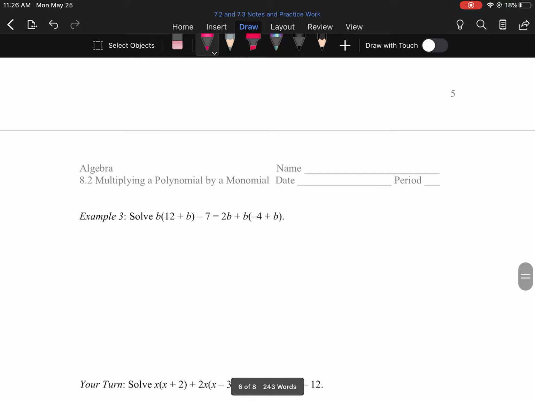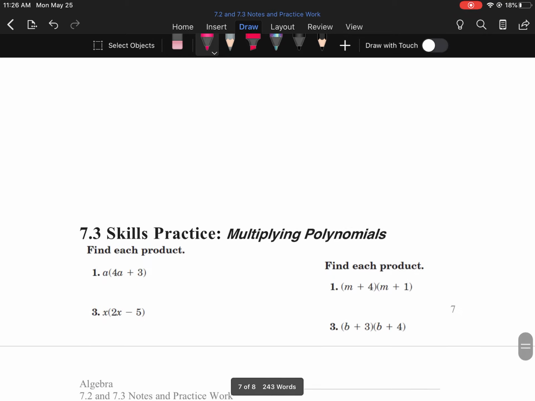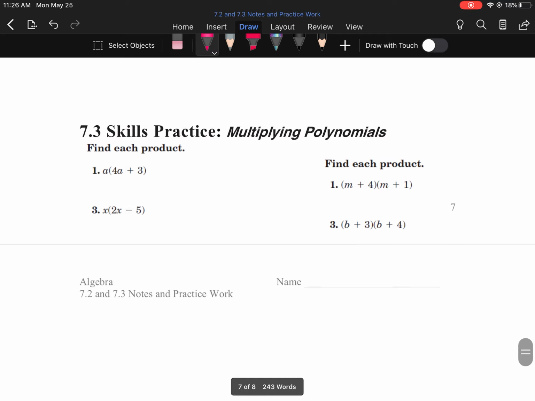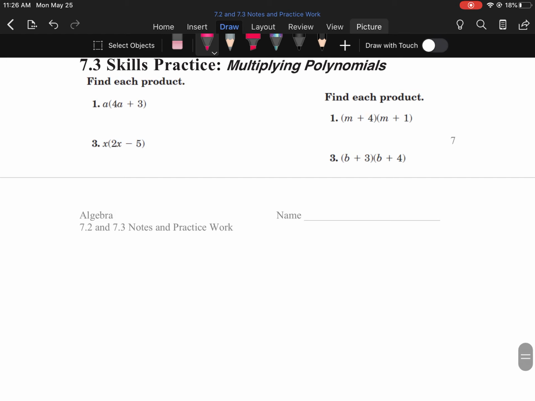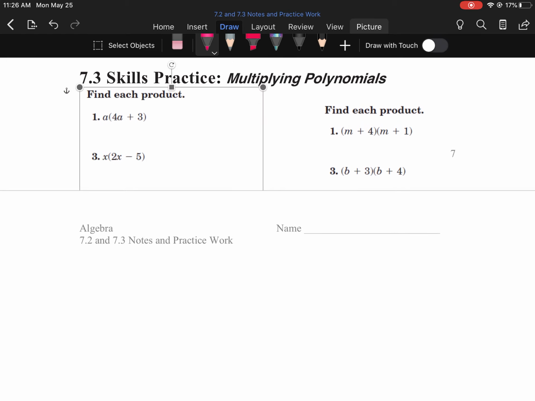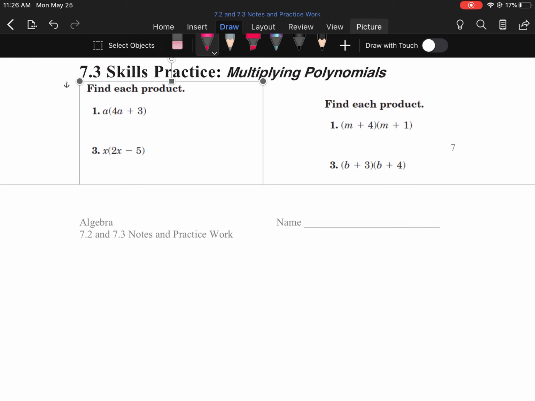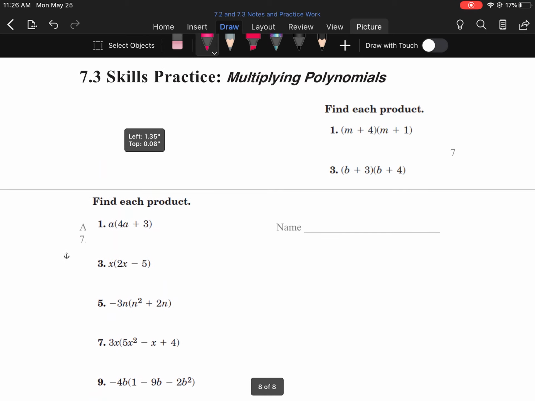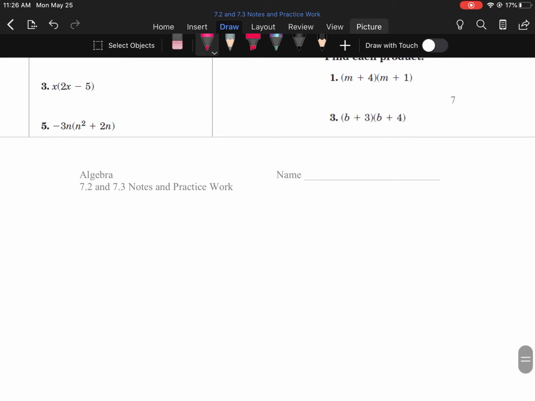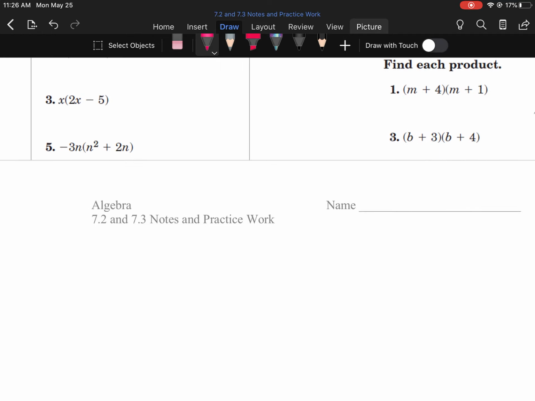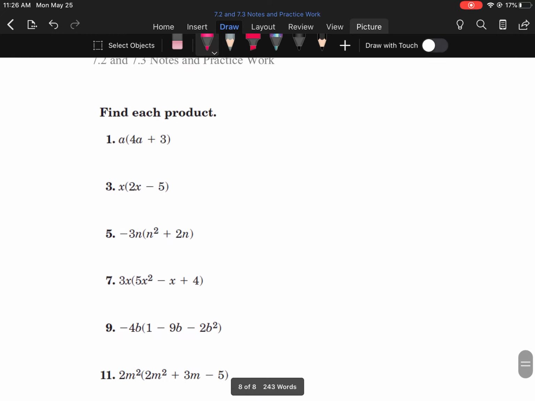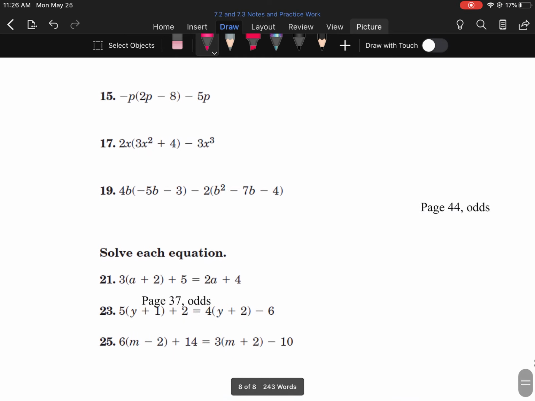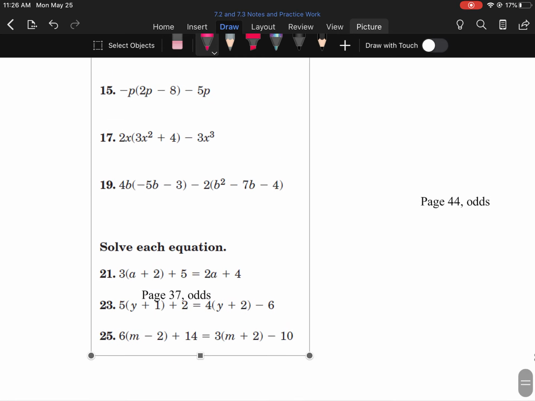You're going to see on your practice work down here that, well, didn't come through very well, but I have 7.2, and these are pictures, so you're going to have to move that down. There we go. Let's start it, and you can see there's a whole lot of questions there. I actually had to combine two sections together here, so that's why you'll see this one that's highlighted right now.